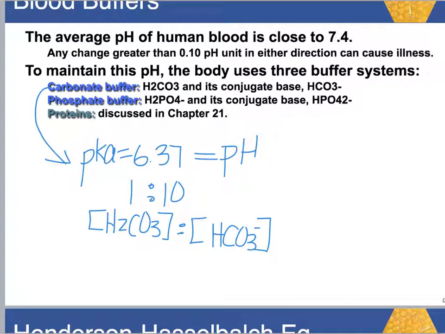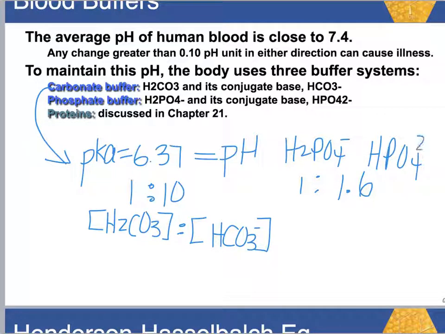And in this case, the ratio is 1 to 1.6, with the HPO4 2- in the higher amount.